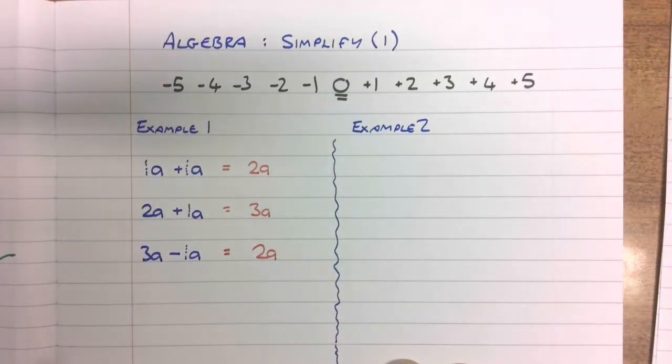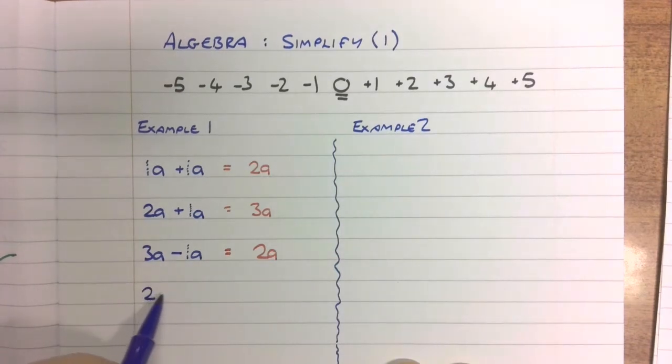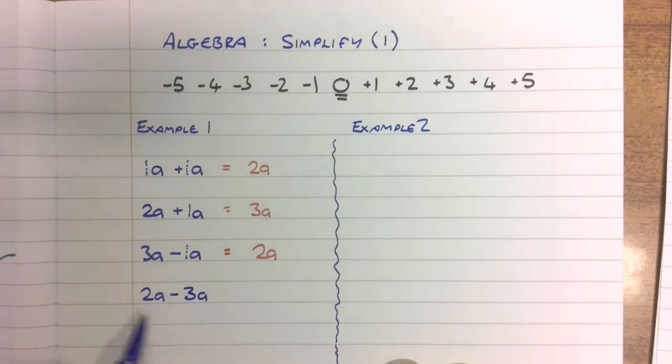And then we'll do the really complicated one. I've got 2 A's. I'm going to take away 3 A's. So you can see when the number's not 1, we obviously have to write the number. It's just 1 that magically goes invisible. So have a quick look at our number line then.